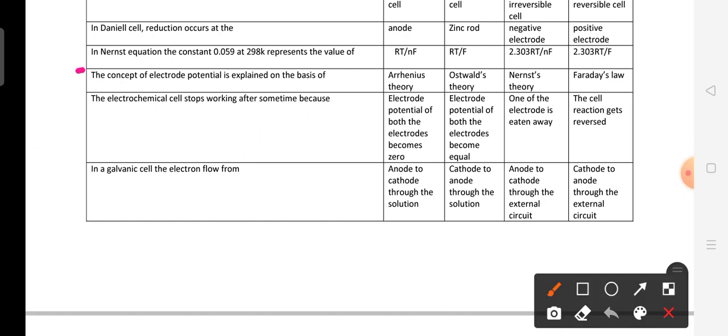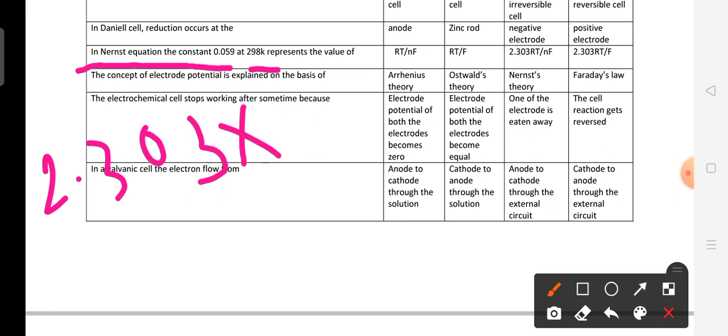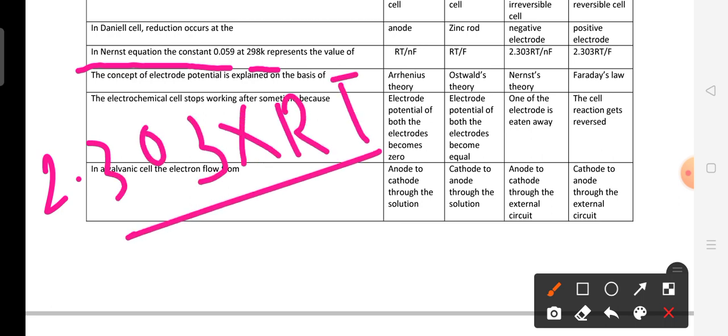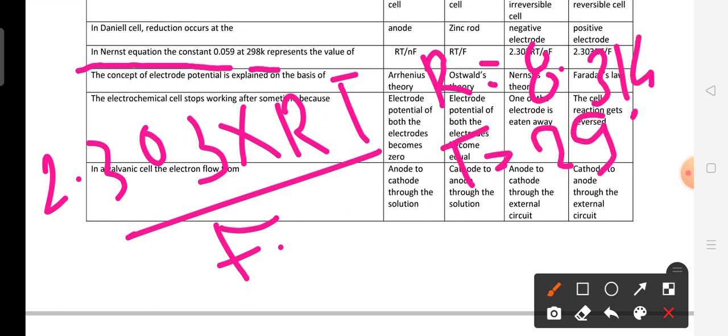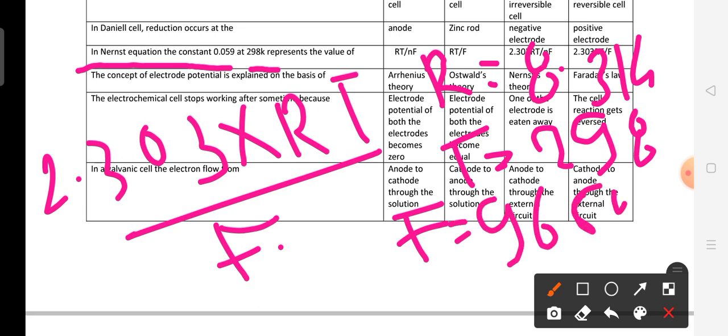Then in the Nernst equation, the constant 0.059 at 298 Kelvin represents the value of, here, 2.303 RT upon F. Here we have to put the value R is equal to 8.314, T is equal to 298, and F is equal to 96500.